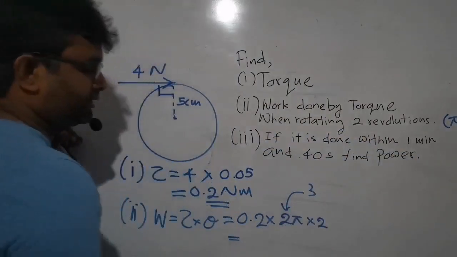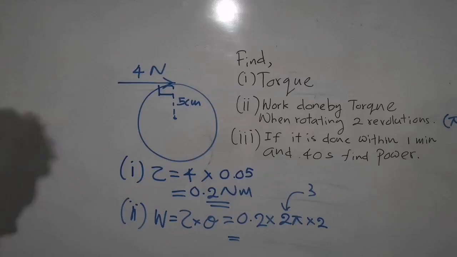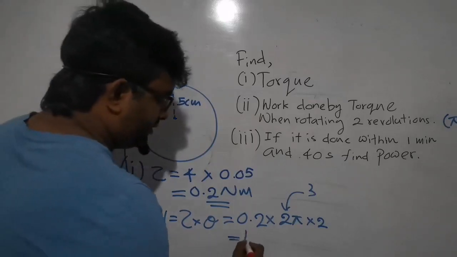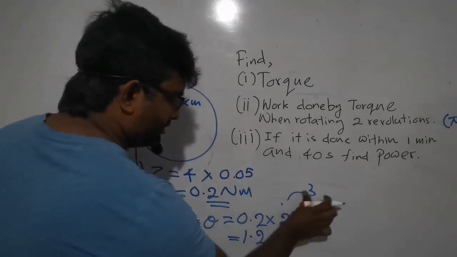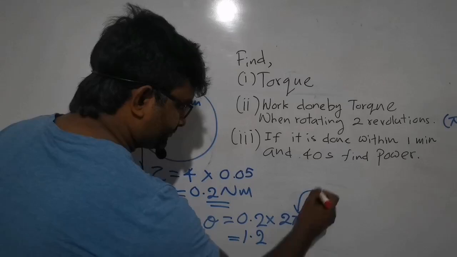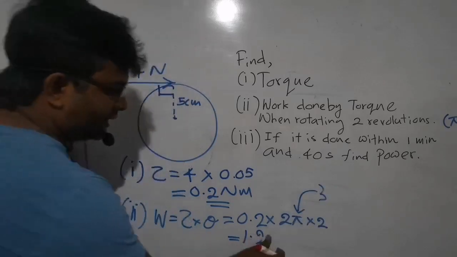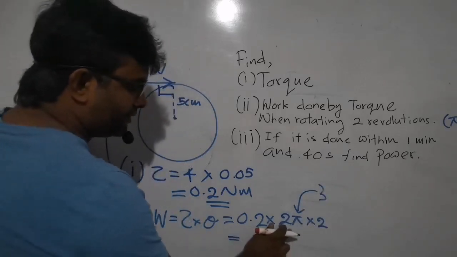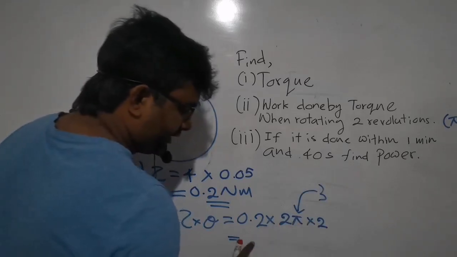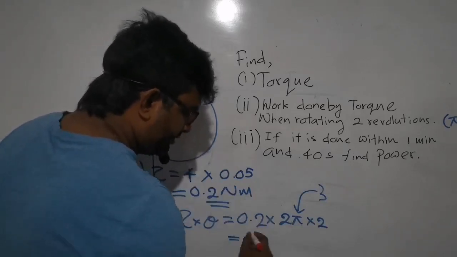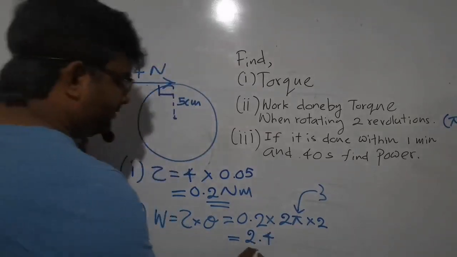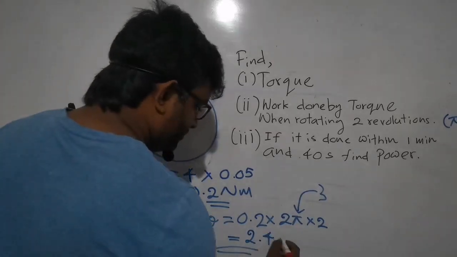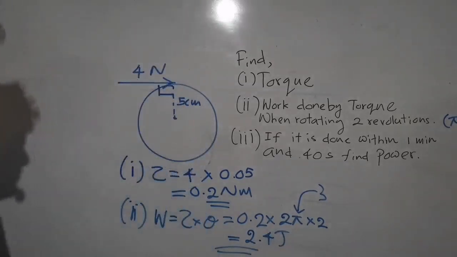So 0.4 into 3, 1.2, and for this one we can write 3. Here we have 0.8 for 8, then 2.4, right? That is the value for work done, right?